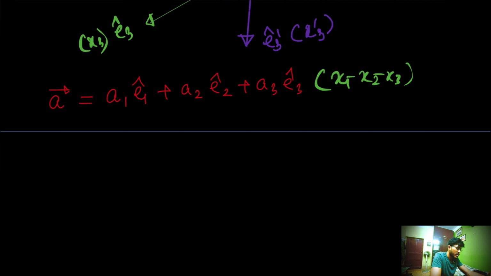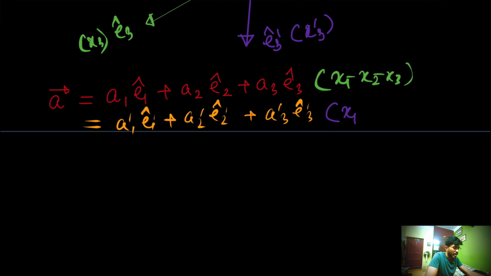The same A vector will be written as A1 dash E1 dash cap plus A2 dash E2 dash cap plus A3 dash E3 dash cap. So it is the representation in the x1 dash x2 dash x3 dash coordinate system.